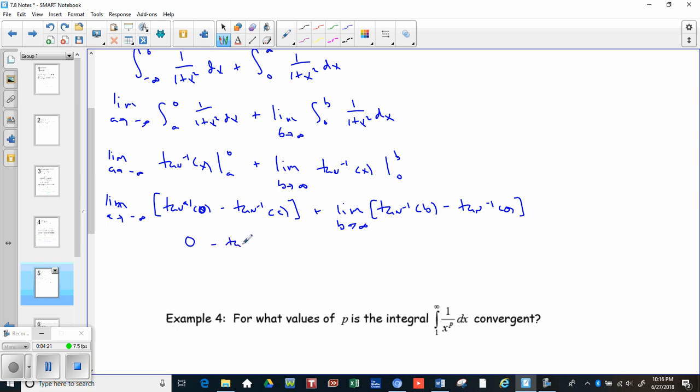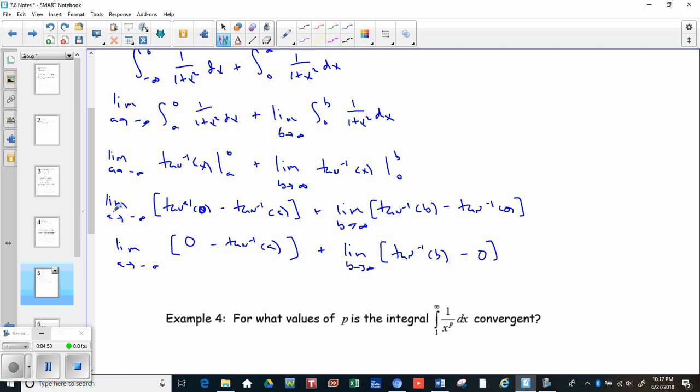This is still inverse tangent of a, as I'm taking the limit as a approaches negative infinity, and this is the limit as b approaches positive infinity of inverse tangent of b minus, again, inverse tangent of 0, which is 0. So now we have to figure out, if I plug in infinity or negative infinity for a and b, what am I going to get?